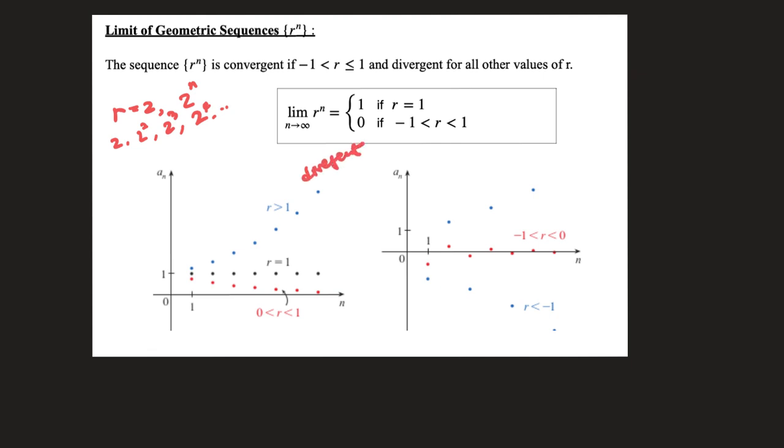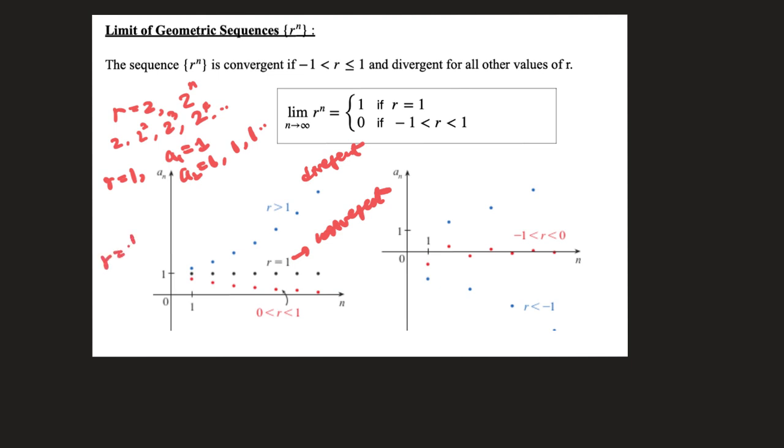Okay? Second is R equals 1. R equals 1 is each term the same. It doesn't matter what the first term is; let's say the first term is 1. Second term is 1, third term is 1, fourth term is 1. It always stays the same, so this one is convergent. Next, R is between 0 and 1.